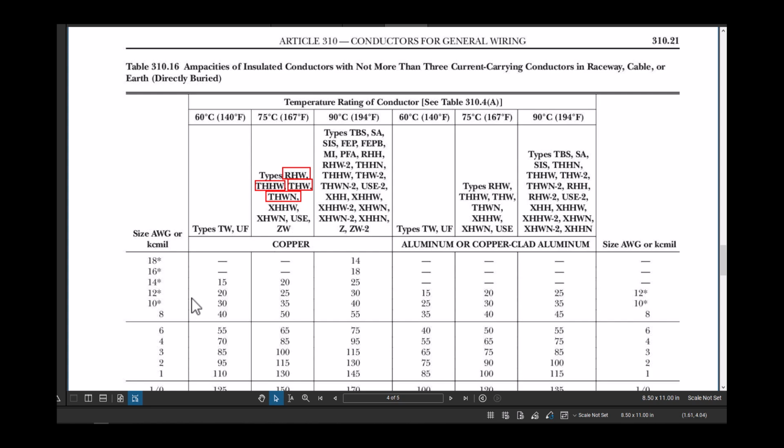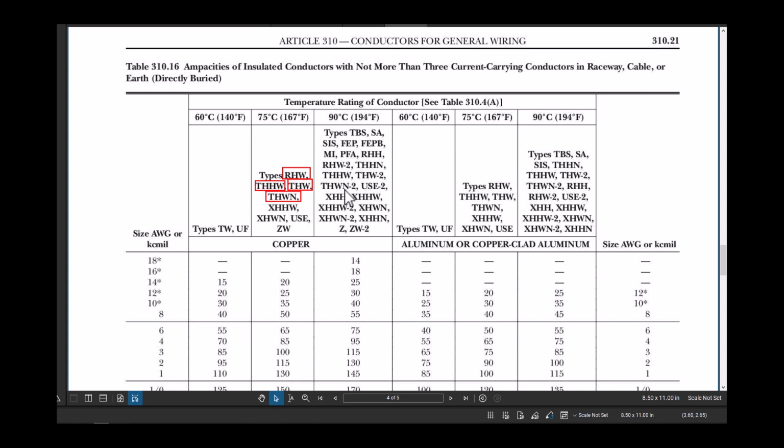Imagine we have one of the wires, for example, 8 gauge wire. In this column, 75 degrees Celsius, we have 50 amps for this wire. For one of these wires, we should find the other side to see what the ampacity is if we use it in a dry location.